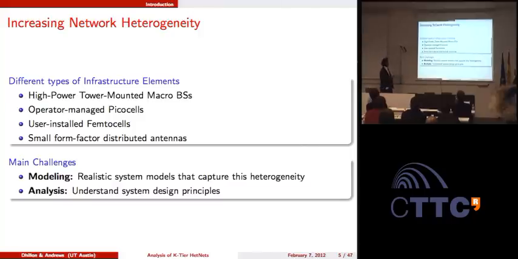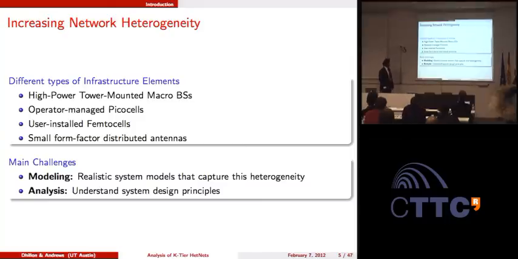Previously you had high-power, tower-mounted base stations that we call macrocells. And now there is the addition of operator-managed picocells being put at the hotspots and at the cell edges. And then you have user-installed femtocells, which you guys are all interested in. And we also have small form factor distributed antennas, some dumb antenna heads.